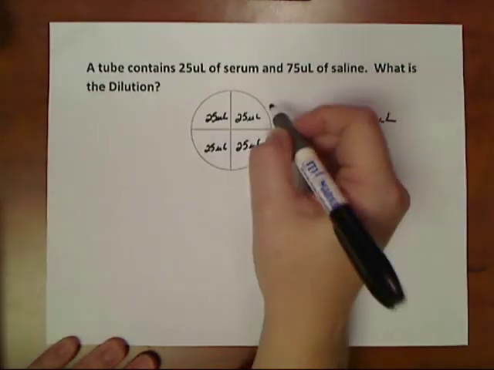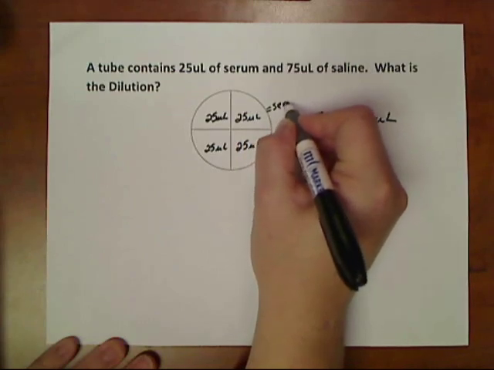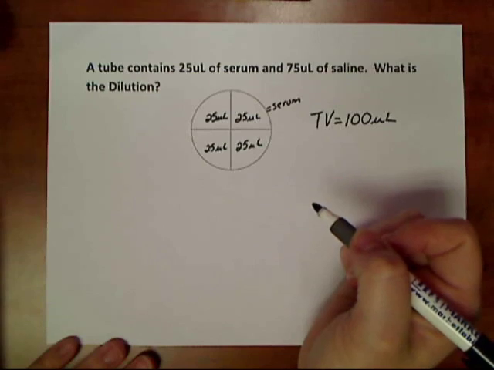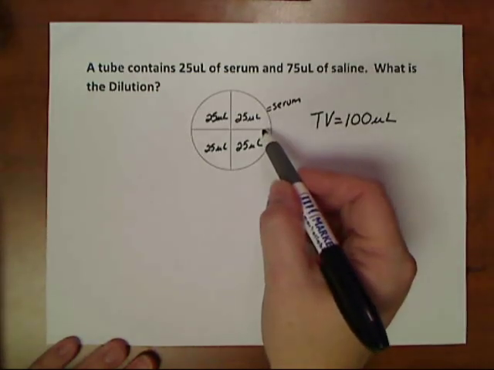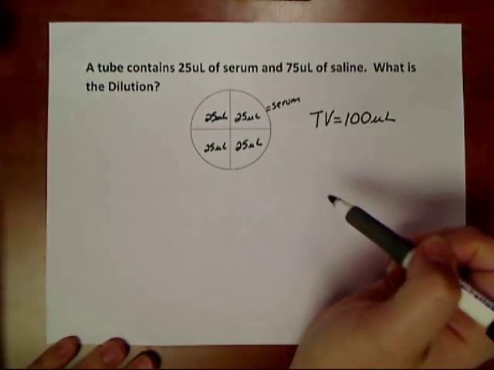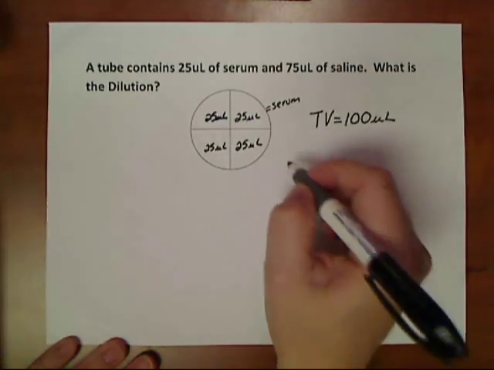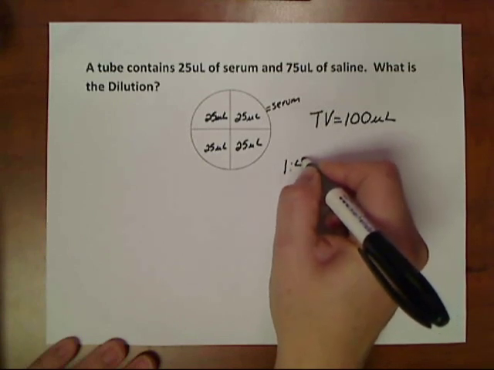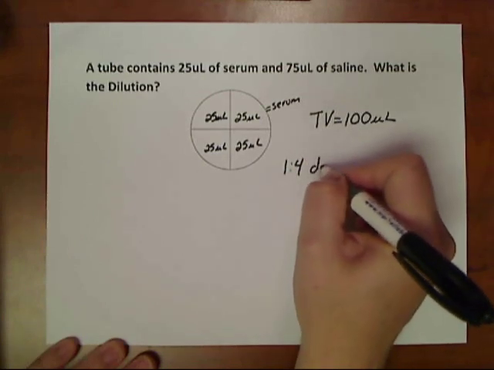One of those equals serum. The other 75 are saline. So when you look at this picture, one part out of a total of 4 parts is serum. So we would have a 1:4 dilution.